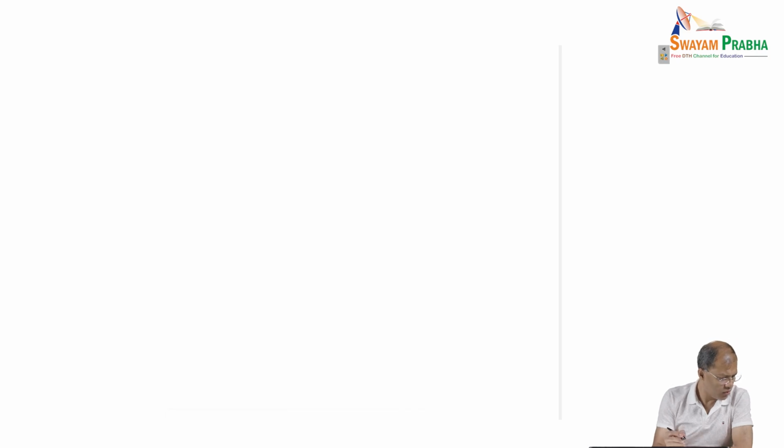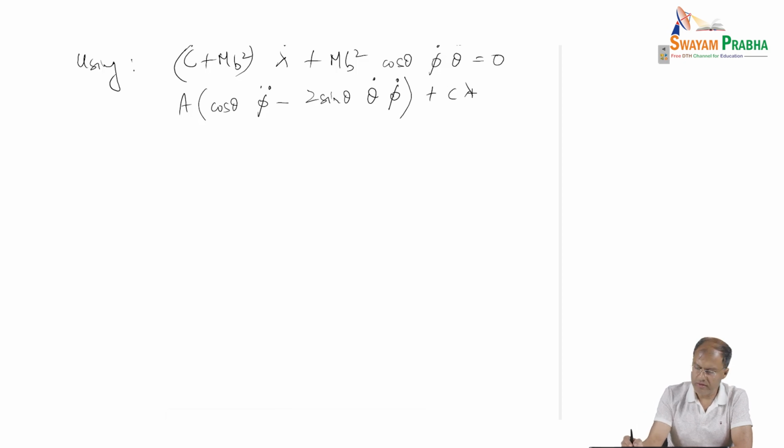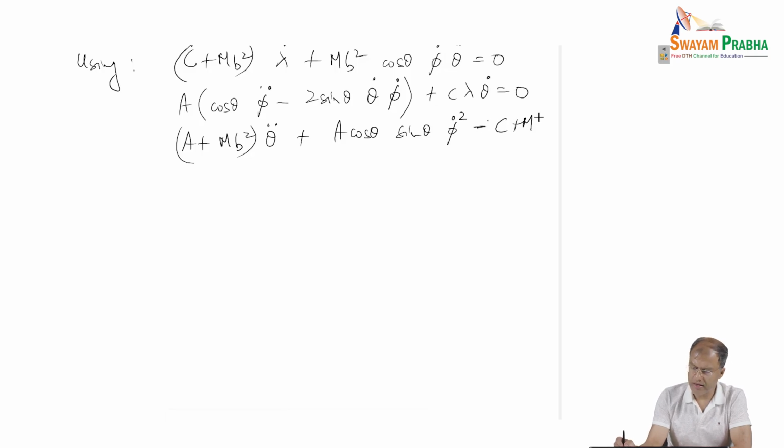So using our equation F, the new set of equations are: C plus MB square lambda dot plus MB square cos theta phi dot theta dot is 0; A times cos theta phi double dot minus 2 sin theta dot phi dot, plus C lambda theta dot is 0; and A plus MB square theta double dot plus A cos theta sin theta phi dot square minus C plus MB square lambda cos theta phi dot minus mg b sin theta.